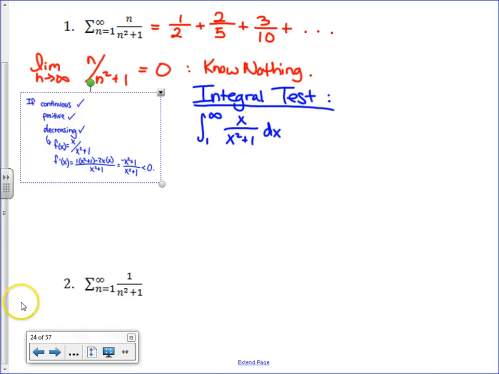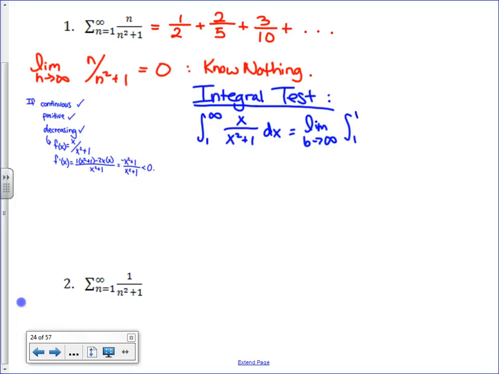Okay, integral test. So I'm going to take the integral from 1 to infinity. How do I do that? I take the limit as b goes to infinity of the integral from 1 to b. Can I take this integral? Is it possible? Yeah. Totally. How? Arctangent, u sub, integration by parts. Which one? U sub.